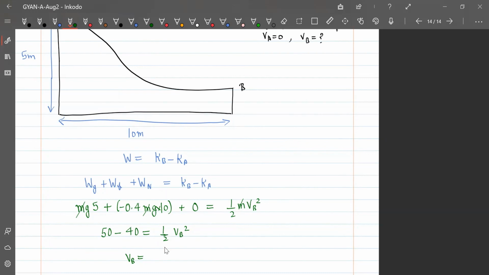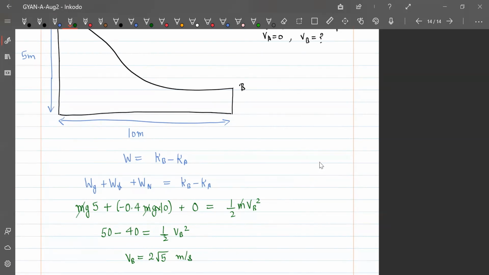How much? 2 root 6? 2 root 5. That would be the right answer. Yeah, 2 root 5 meters per second.